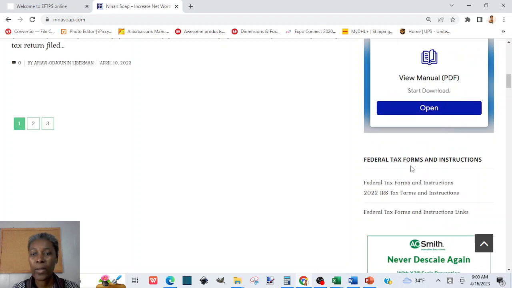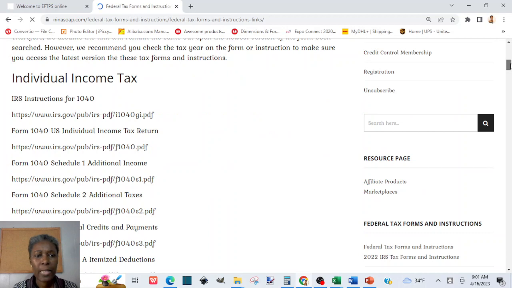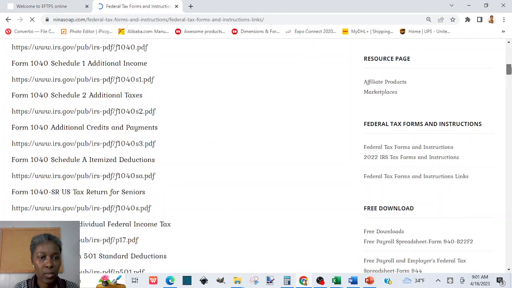And we do have IRS forms and instructions, pretty much the links, that will take you to the IRS links as well. We do have those if you don't know how to pull a form or an instruction from the website, on our blog. You can take a look to see if what you are looking for is there or not. But we have those resources on our website.